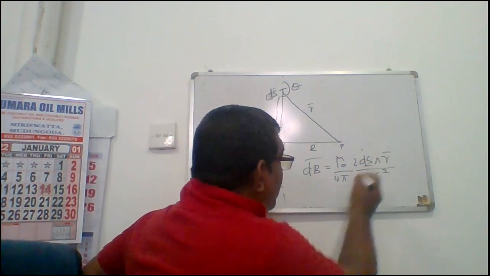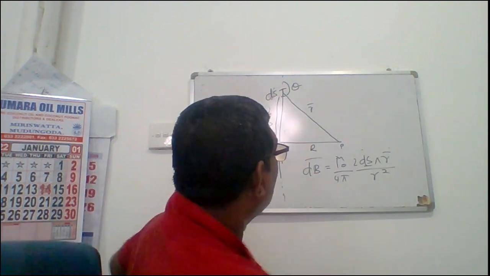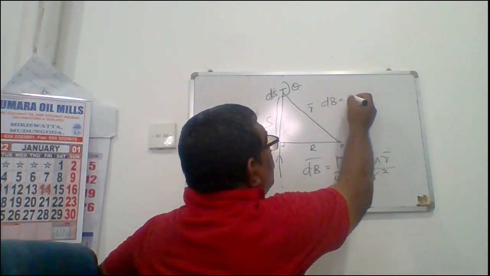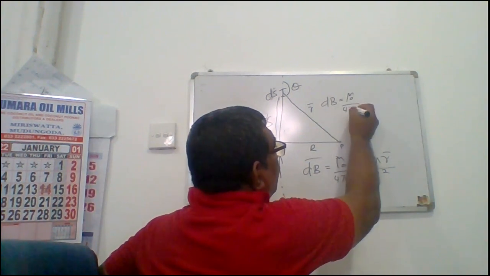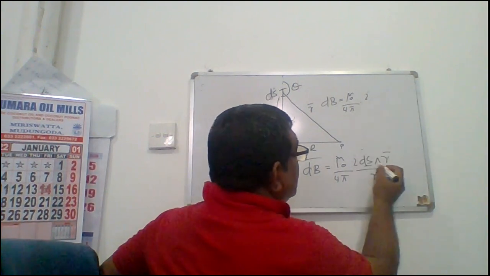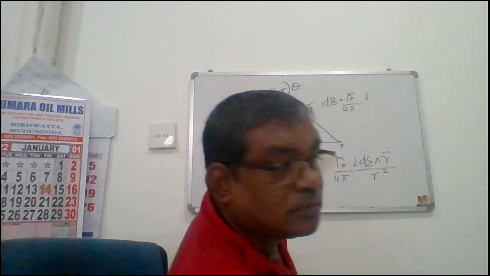Now, dB is mu naught divided by 4 pi, I, and this is the cross product, right?